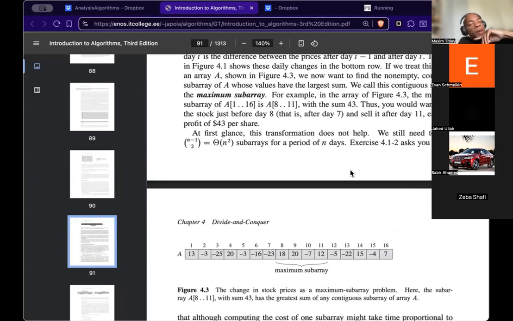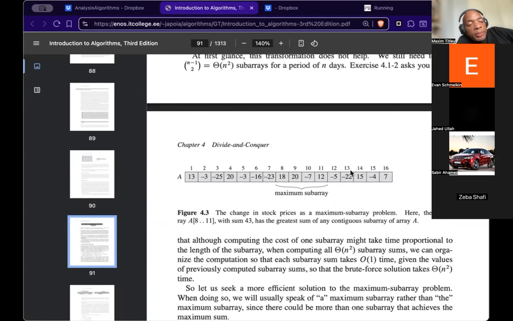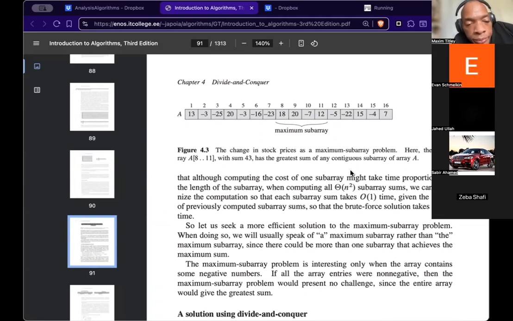It asks you how to adhere to this particular part here, although the computing cost of one subarray might take time proportional to its length when computing all n squared.